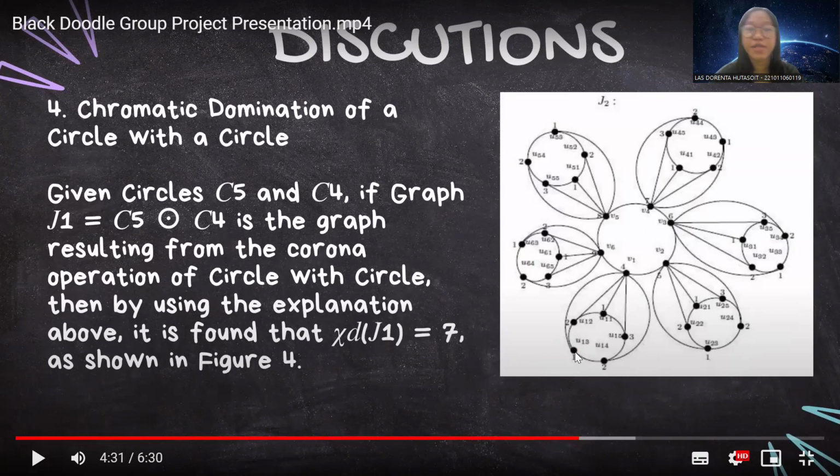Given circle C5 and C4, if graph Z1 equals C5 ∘ C4 is the graph resulting from the corona operation of circle with circle, then by using the explanation above, it is found that χD(Z1) equals 7 as shown in figure 4.